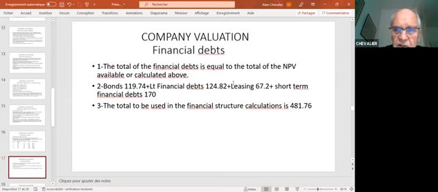You have included all the kinds of financial debts, not only the classical straight debt, long-term, medium-term, issued to the market or obtained from the banks, but also the leasing contracts or the equivalent debt, and the short-term financial debts obtained from the banks. And you get the number, which is 481.76.